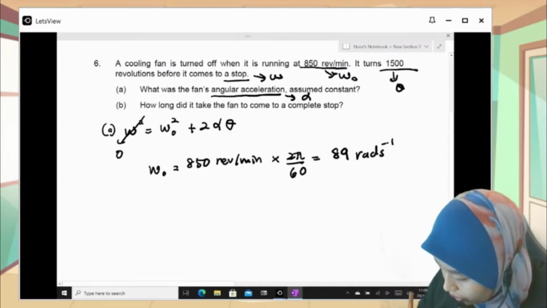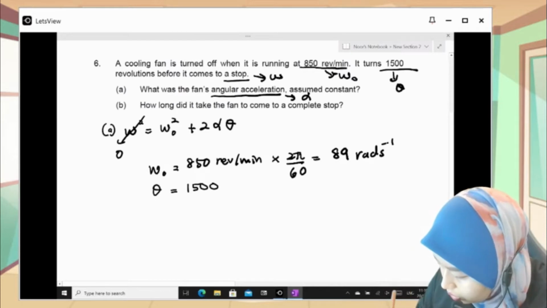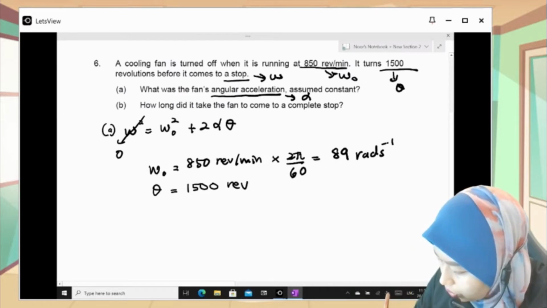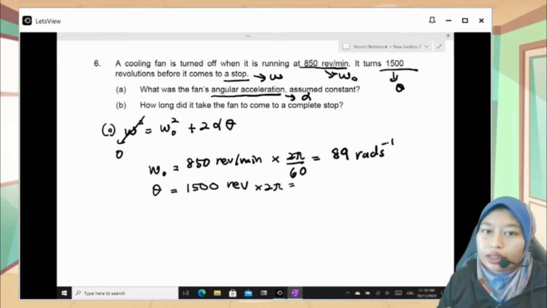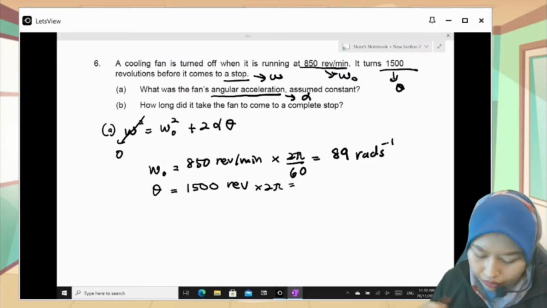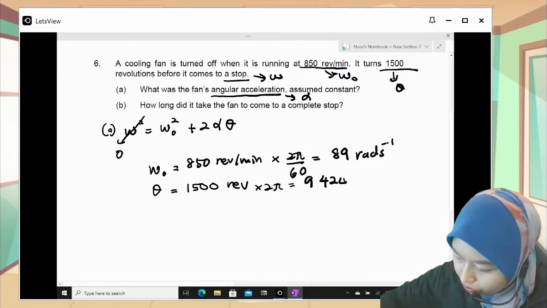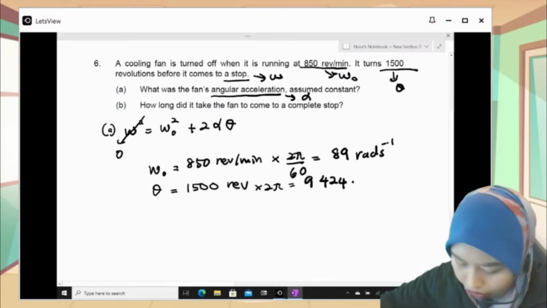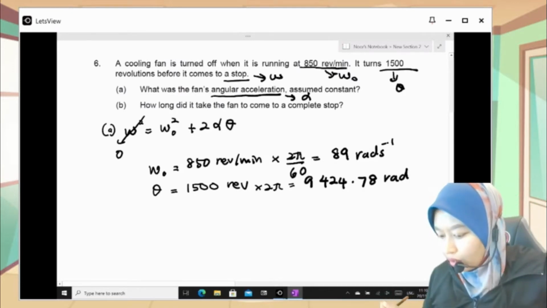And then the question gives us theta in revolution, so times it with 2 pi to get the SI unit radian, because 1 revolution equals 2 pi radian. So we got 9,424.78 radian.